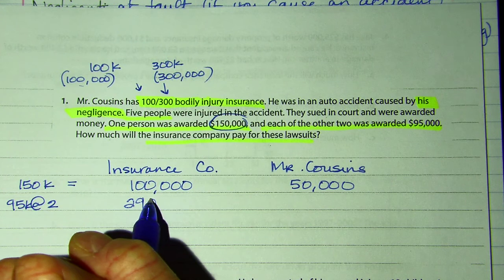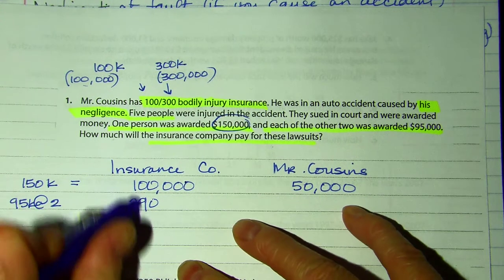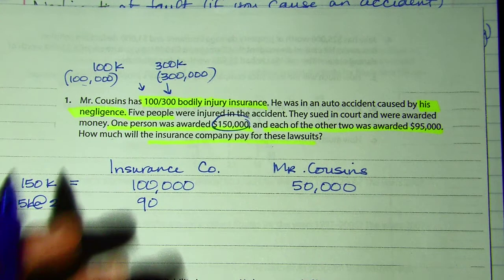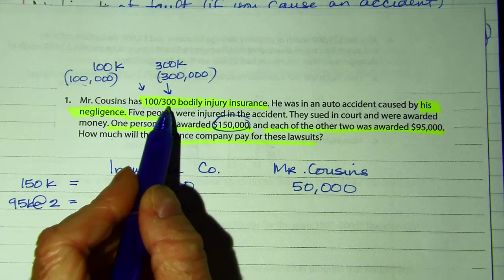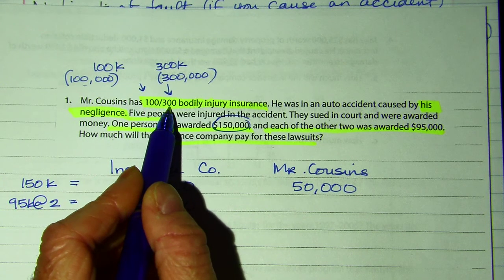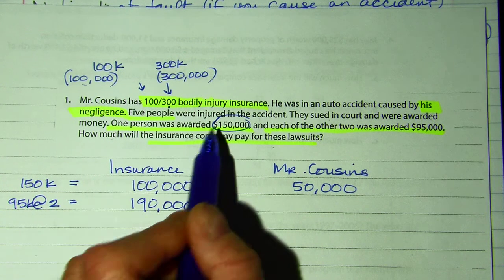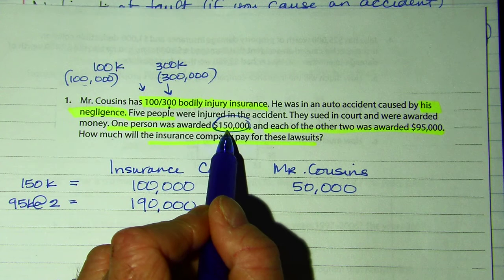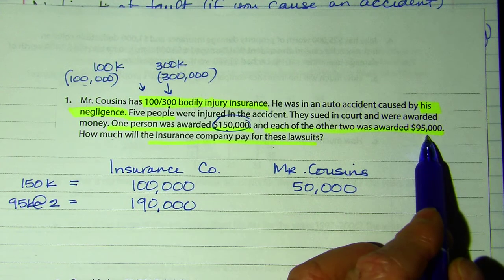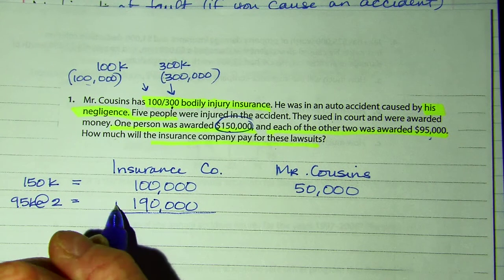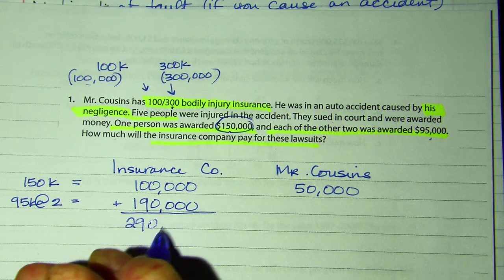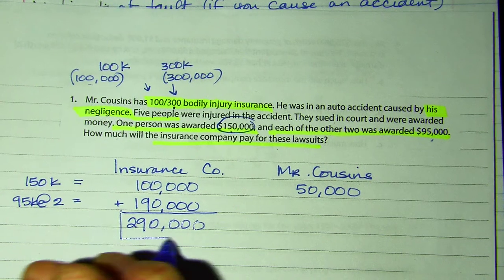So I can add, whoops, this is 190. All 190 under the insurance company because it says it will pay up to 300,000 total for the other people. So they're only going to cover 100,000 of his, but they will cover all of the other two that were awarded. So the insurance company is going to cover $290,000 in damages.